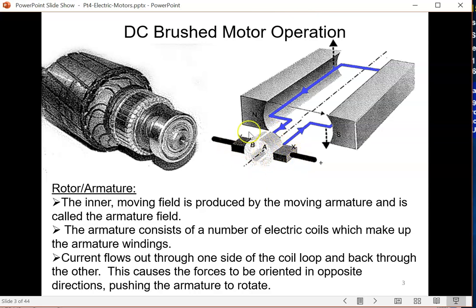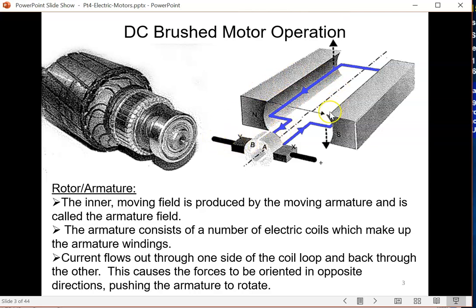I'll explain that in a minute. This part is called the commutator. This part is called the brush, and the voltage is fed through the brush to the commutator and to the armature winding. So, for example, the current goes in from here, goes through this side, which you don't quite see, and then comes back from this side and goes out.